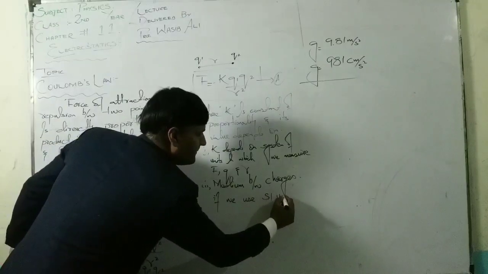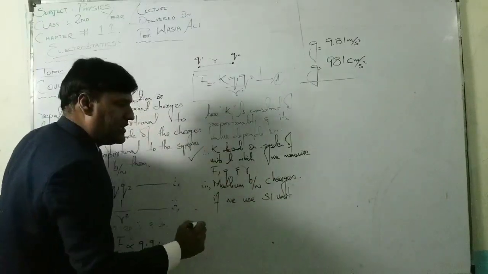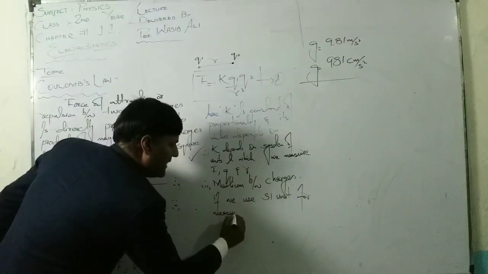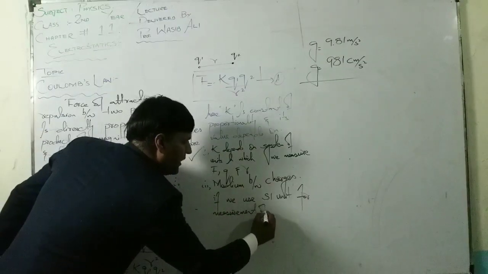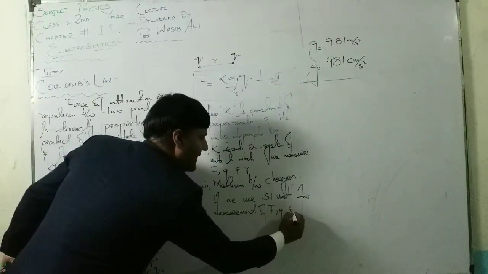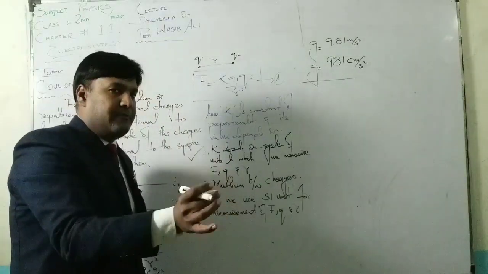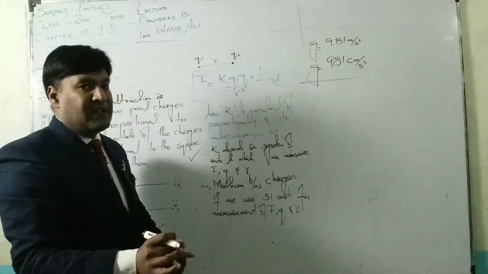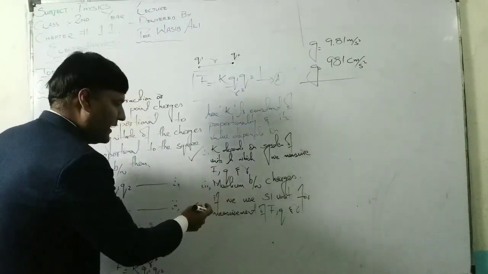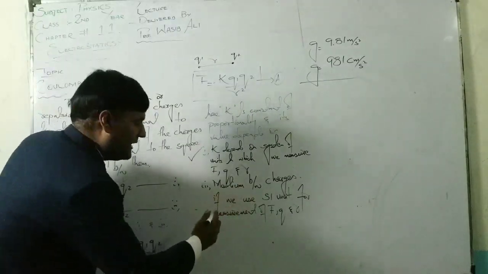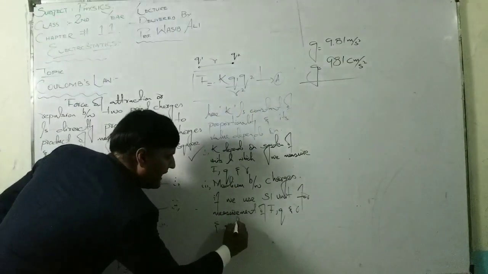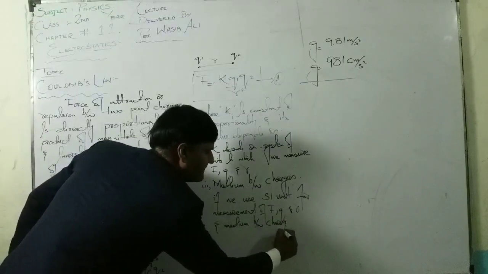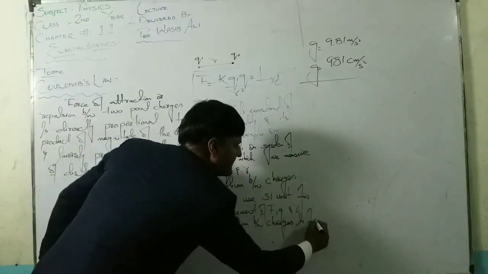Considering these two points in your mind, if we use SI units for the measurement of F, Q and R, that is Newton for force, Coulomb for charge and meter for the distance between the charges, and the medium between the charges is free space.